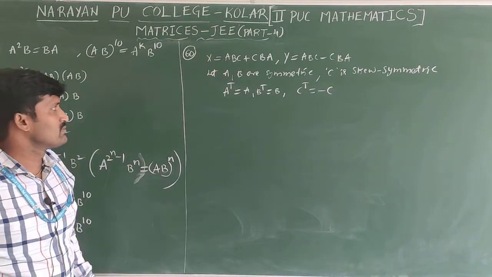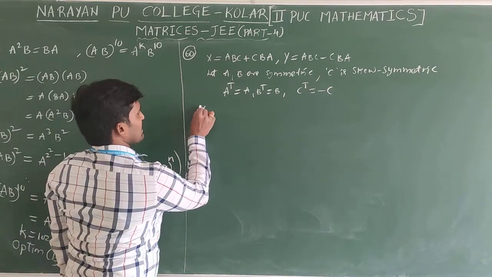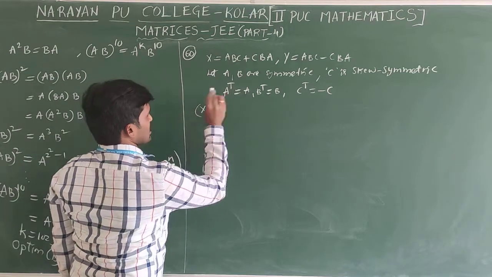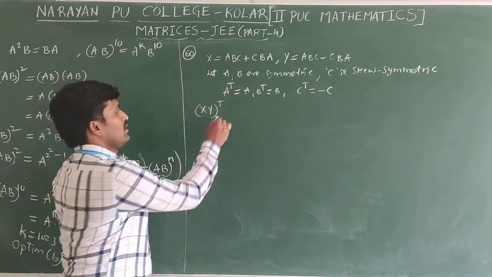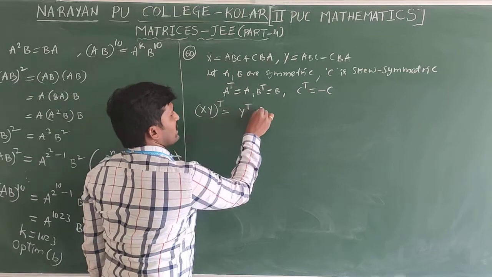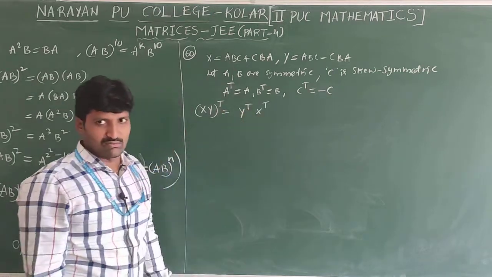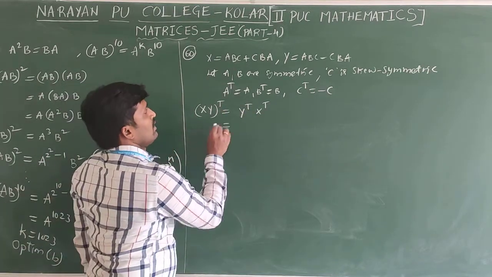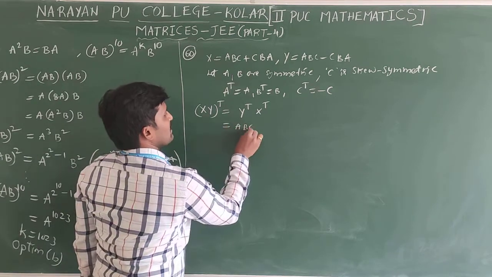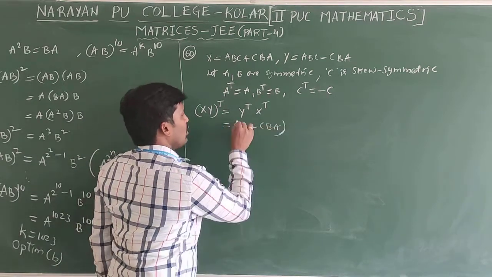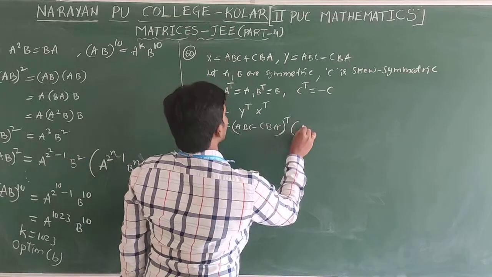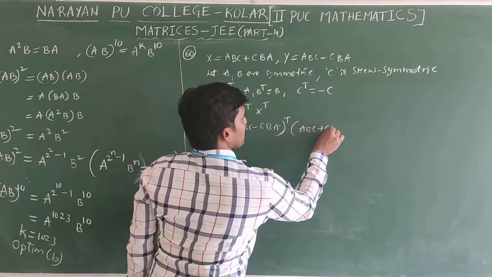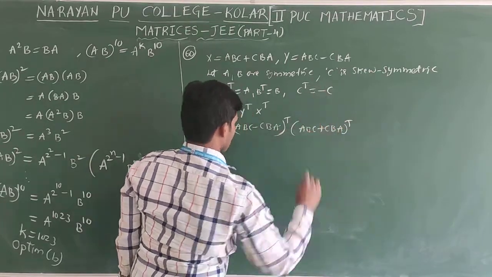Now from this they are asking (XY) whole transpose. (XY) whole transpose, I will write Y transpose into X transpose, by the (AB) whole transpose formula. What is Y? (ABC minus CBA) whole power T, T means transpose. X means (ABC plus CBA) whole transpose.